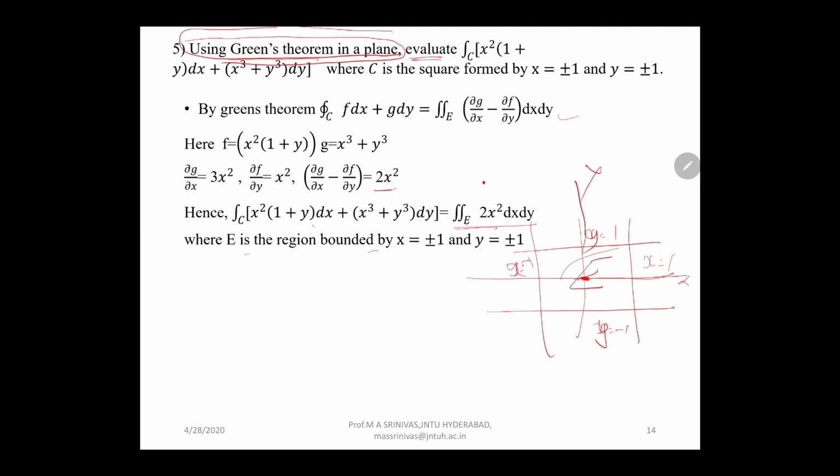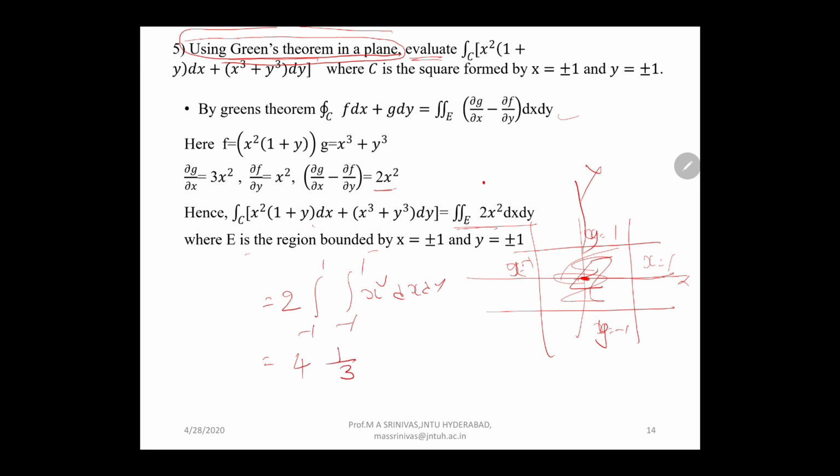In this region, I need to find the double integral. So 2 comes out. What are the limits for y? Y limits are minus 1 to 1. X limits are also minus 1 to 1. X square dx dy. Because it's an even function, it is 2 times, so 4 times. Integral x square is x cube by 3.